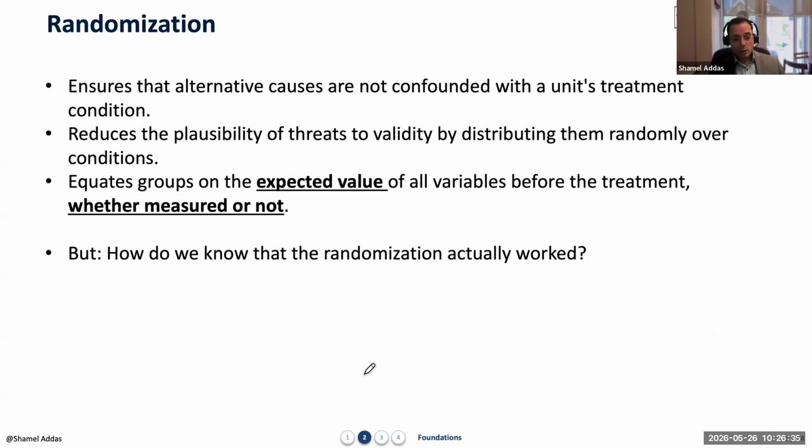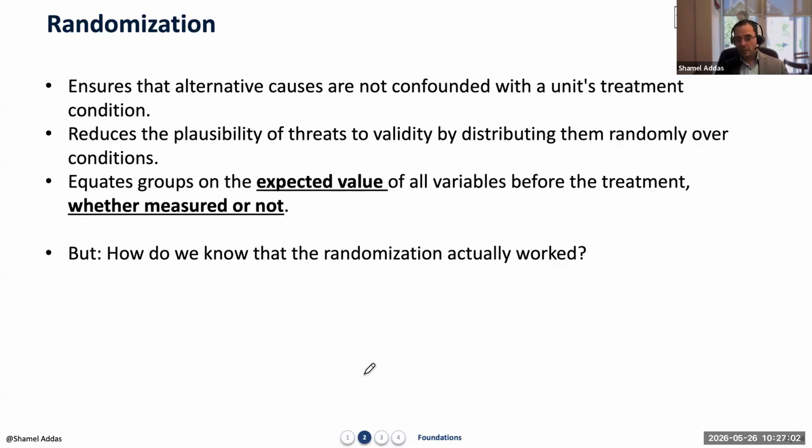Now, how do we know that the randomization actually worked? Because the randomization equates groups on the expected value of all the variables. Okay, the expected value, not the actual value. We don't know what the actual value would be before we assign participants to their groups. So in theory, it should work, but in practice, it might not always work because of the coin toss.